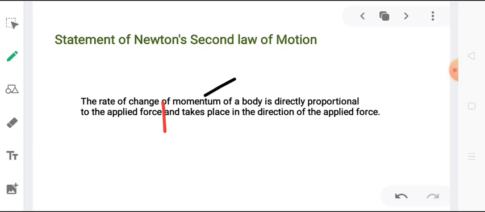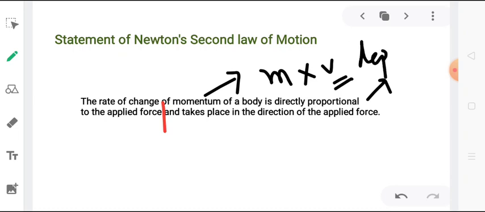Now momentum is the product of mass and velocity. So if velocity changes, so will momentum. So this change in momentum is directly proportional. Now proportional means dependent. So the change in momentum is directly dependent on the applied force.